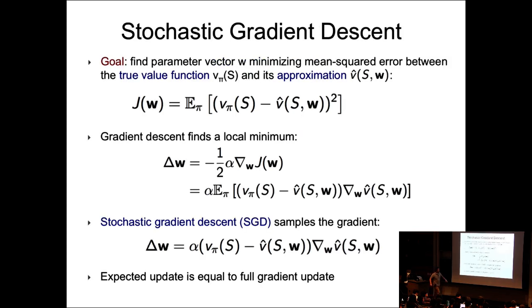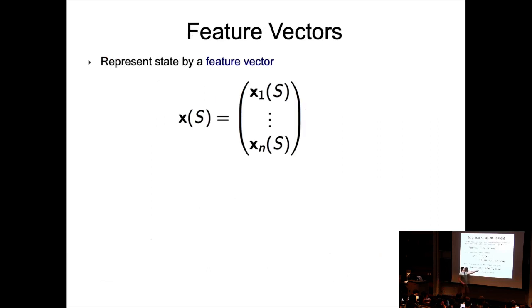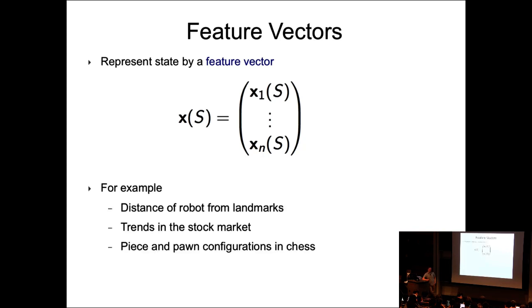Okay, so now let's think about how we represent the state. One common approach for representing the state is to use feature vectors. In fact, in a lot of papers on domain-specific applications, in many cases, you might know what the right features to use. For example, you might parameterize your state according to the distance of an agent from some landmarks.